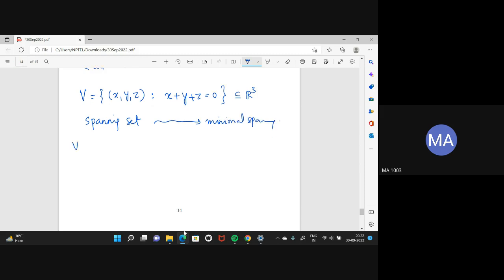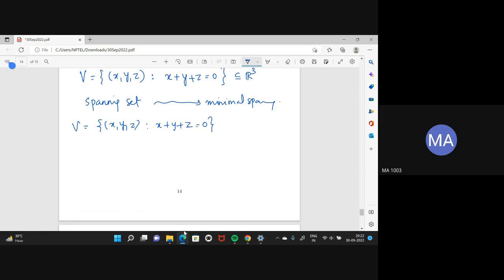So what is this? Again, same thing we will do. x plus y plus z is equal to 0. Now can I express x in terms of y and z? Can I express all the 3 coordinates in terms of one of the variables, like how we did in the previous case? No, ma'am. Minimum 2.